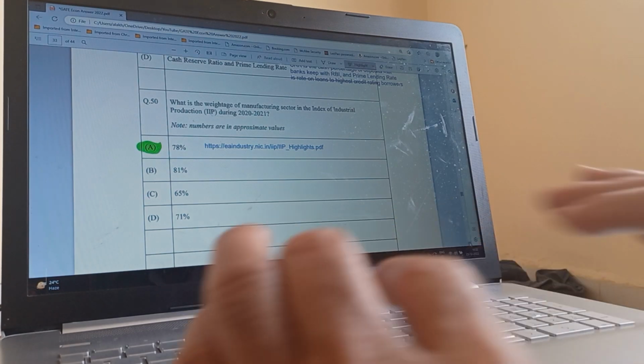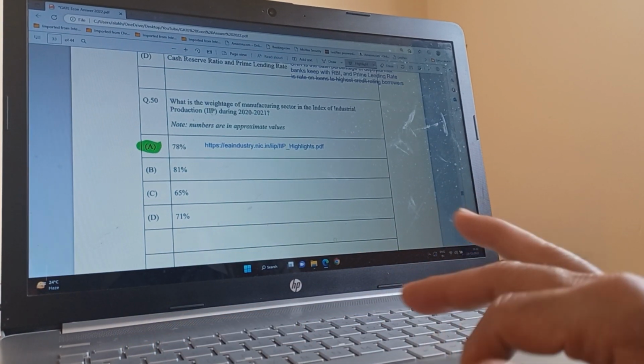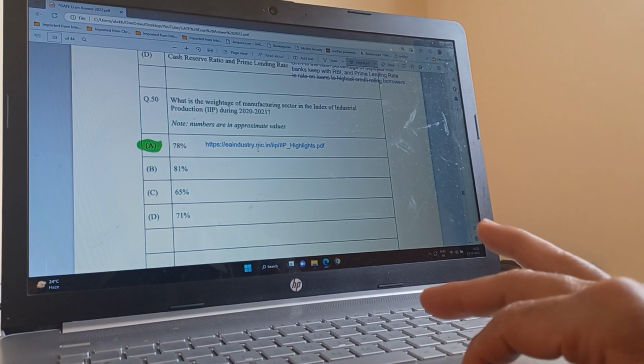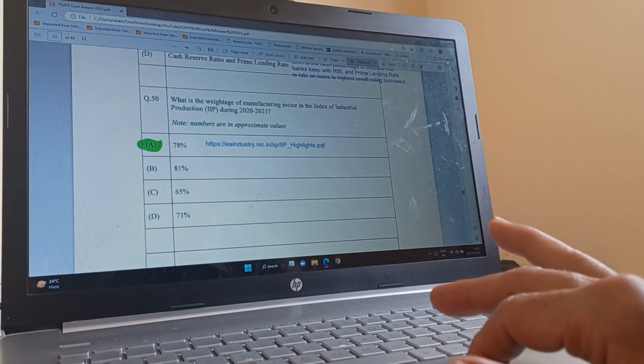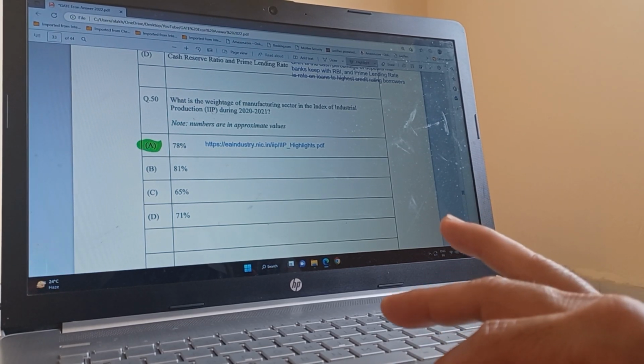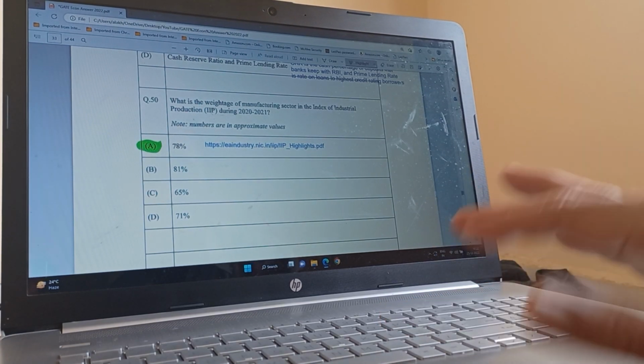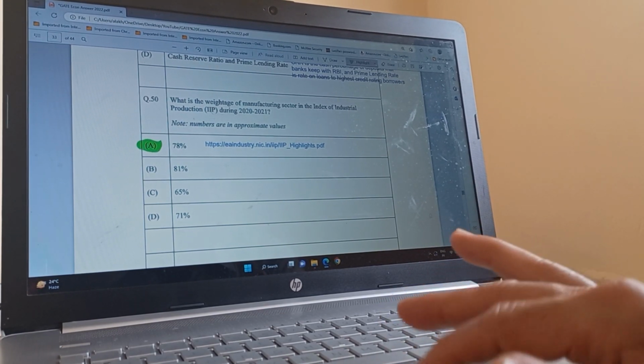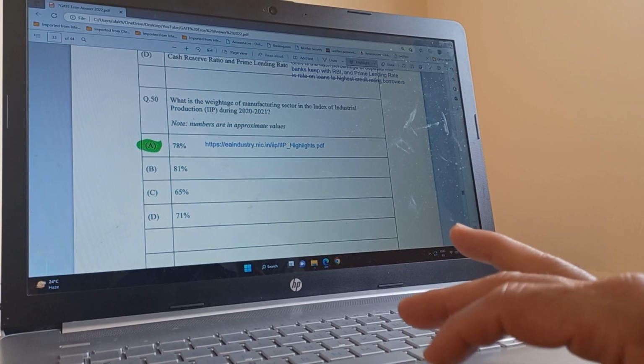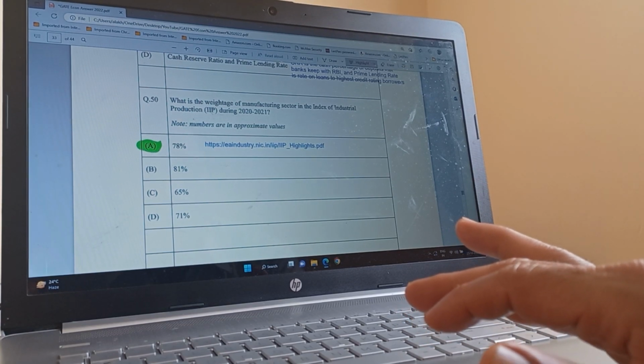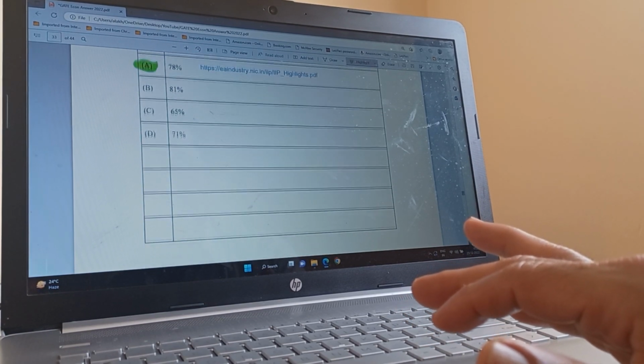And in 2021, this weight was 78%. So this is the website where you can find this 78%. There is really nothing much to discuss in this question because it is a factual question requiring no analysis. It is just for knowledge purposes.